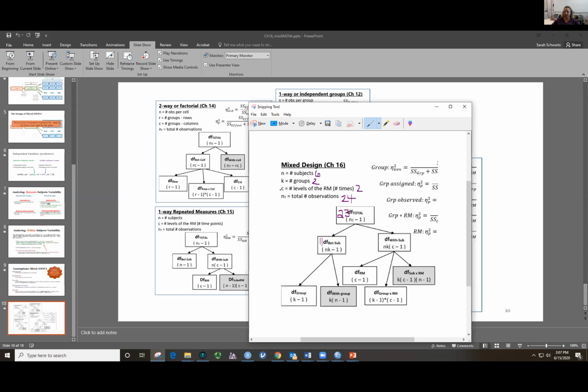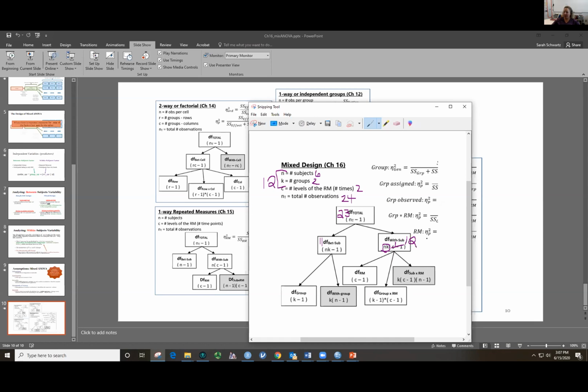Now over here, the within subjects branch, we should have nk times c minus 1. C is the number of levels. How many levels do we have in the repeated measure? 2 minus 1 is 1. So what's n times k? 12.